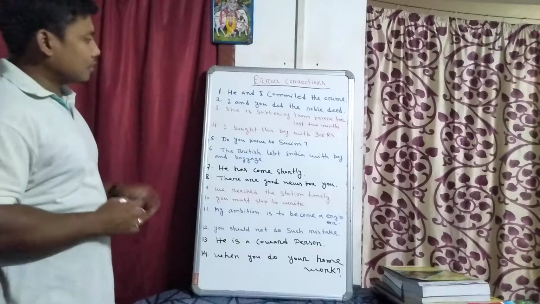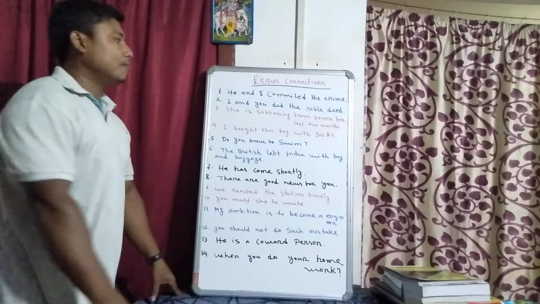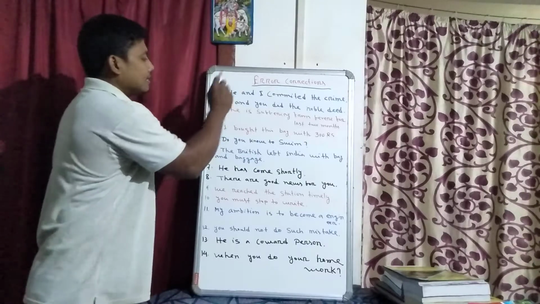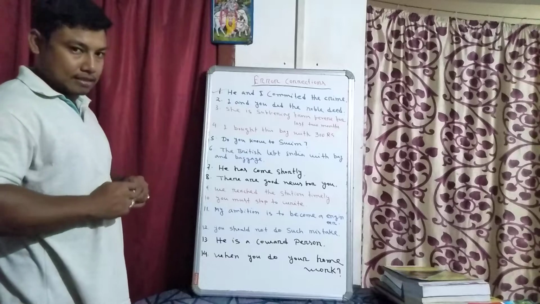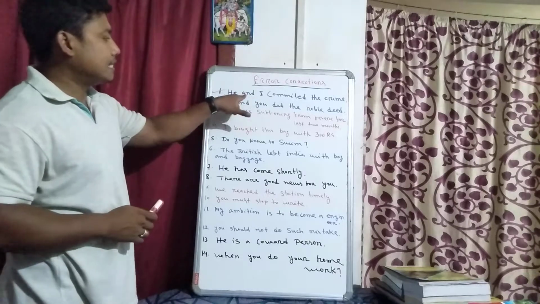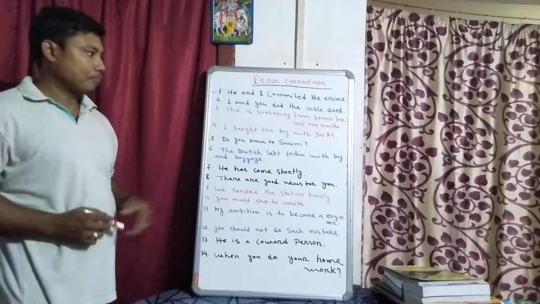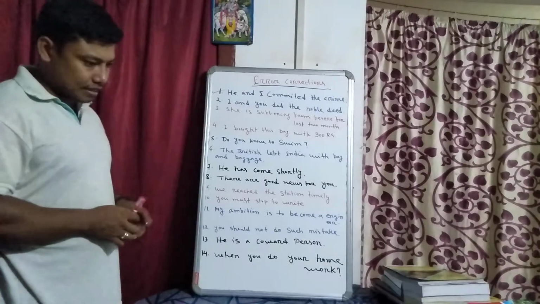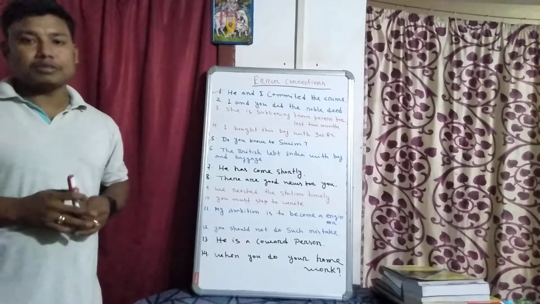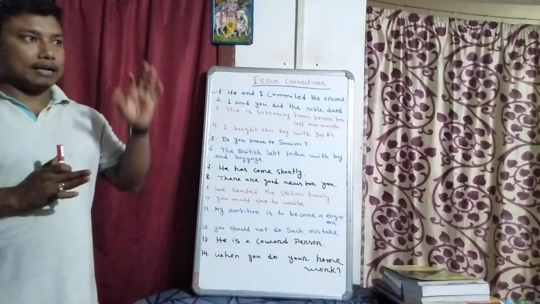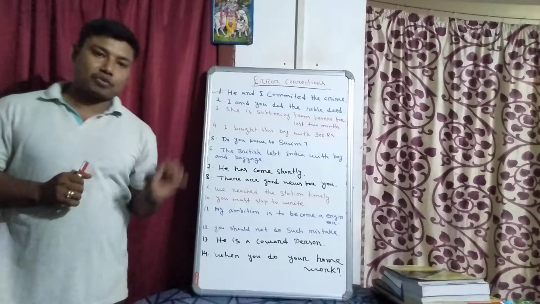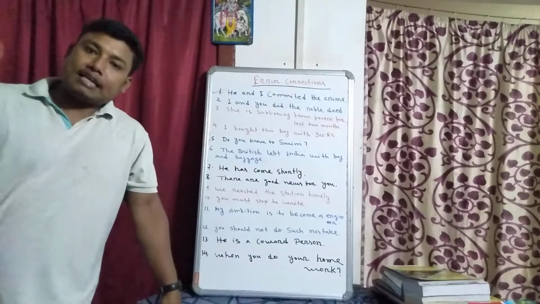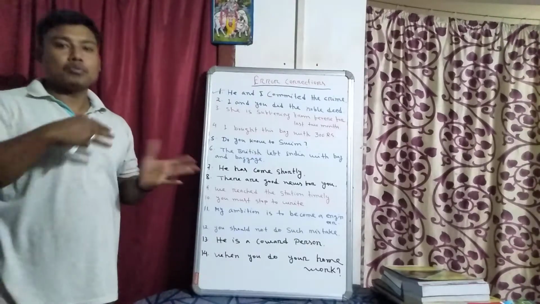Okay, first one, he and I committed the crime. This is the first example. It is given for error correction. When committing crimes together, first of all you have to mention your name at first, and secondly the other person who is with you.